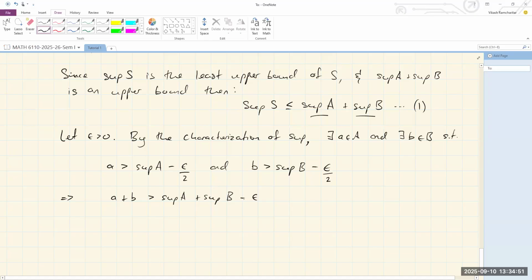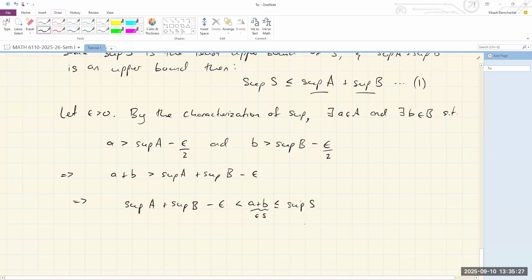And now let me just rewrite this, rearranging the inequality. The supremum of A plus the supremum of B minus epsilon is less than a plus b. And I know a plus b must be less than or equal to the supremum of S, because this, of course, is an element in S, and every element in S is less than or equal to its supremum.